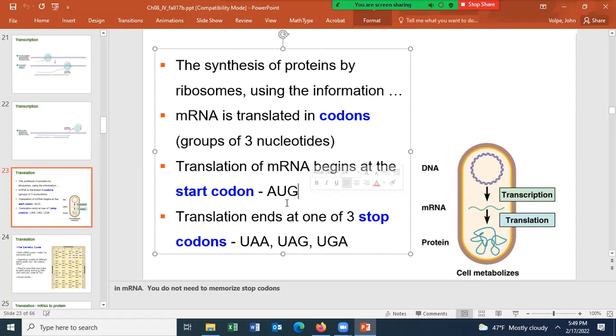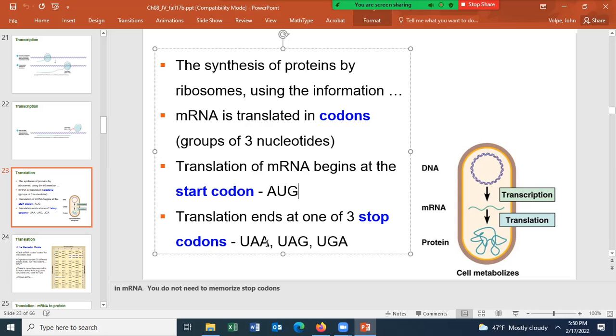The ribosome will move down the RNA and it will translate the messenger RNA from AUG all the way to the stop codon. When the ribosome reaches one of the stop codons, and there's 3 of them, you don't need to know what they are, but a stop codon like UAA will tell the ribosome, stop protein translation here.